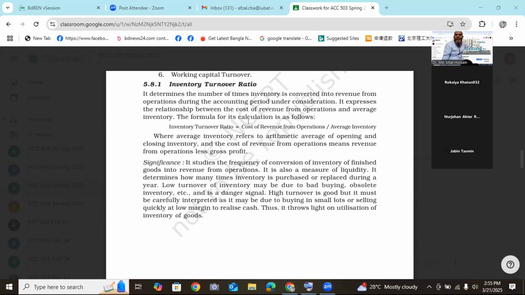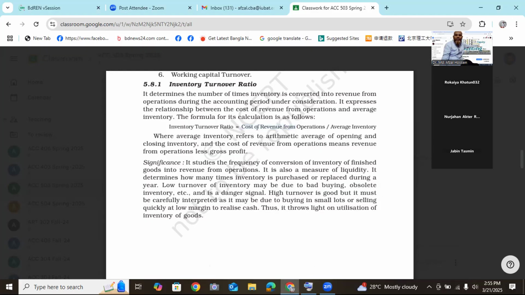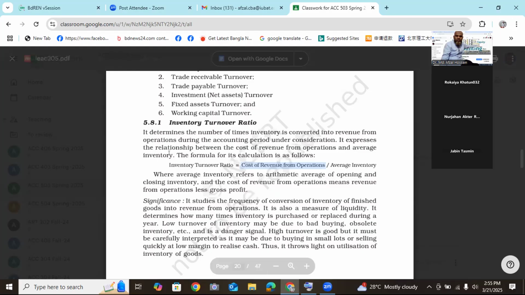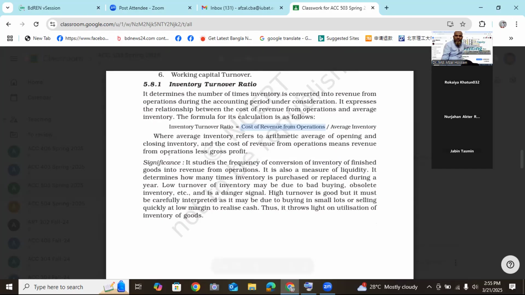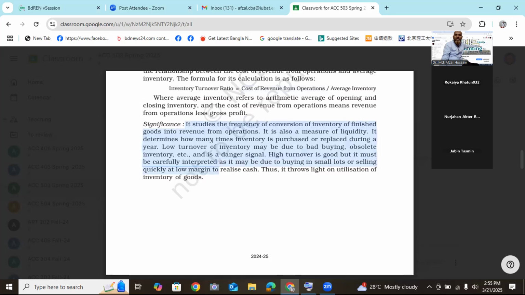That means it is cost of goods sold divided by average inventory. So this is the formula of inventory turnover. The significance: it studies the frequency of conversion of inventory of finished goods into revenue from operations.